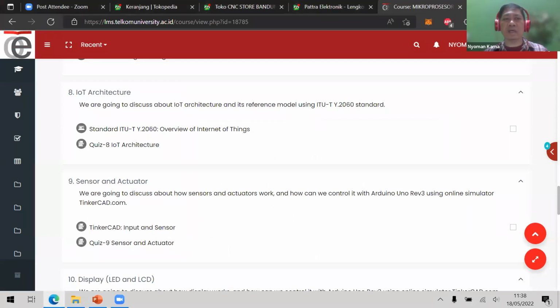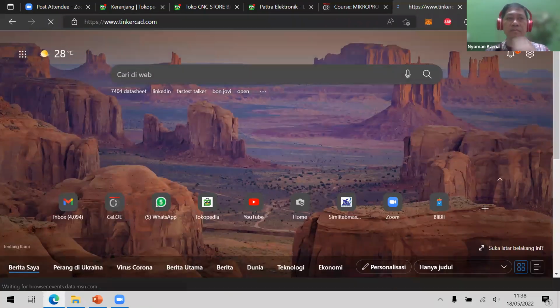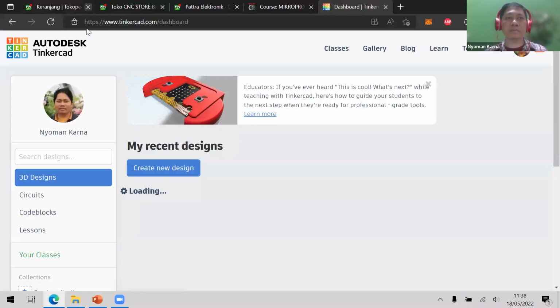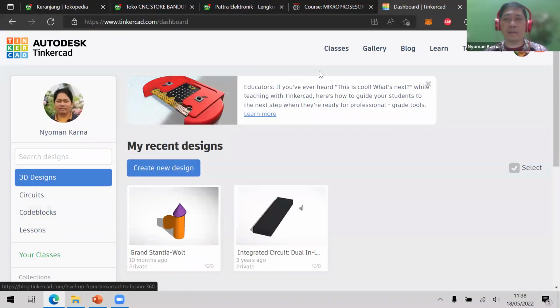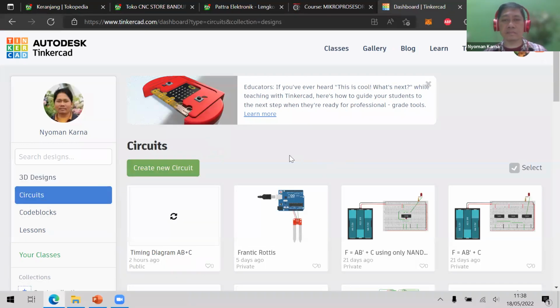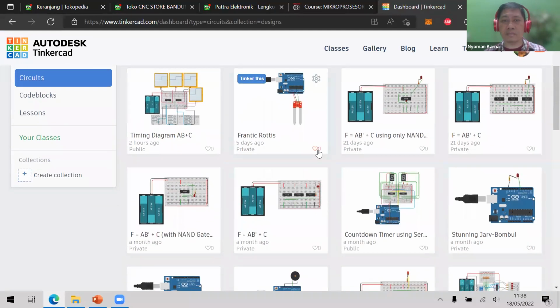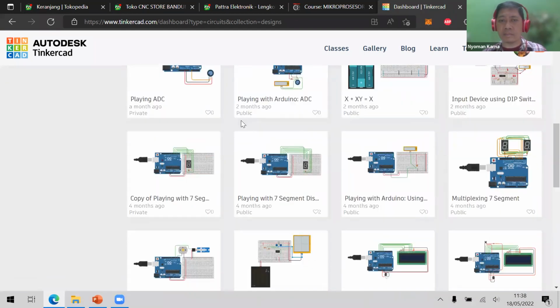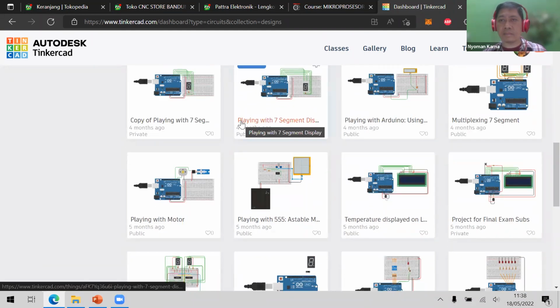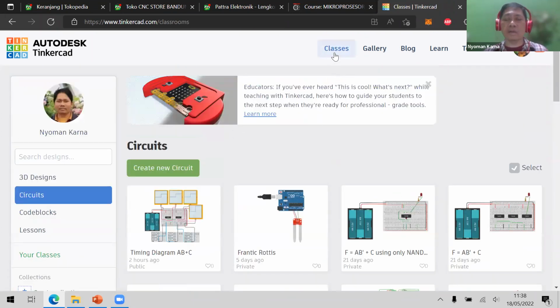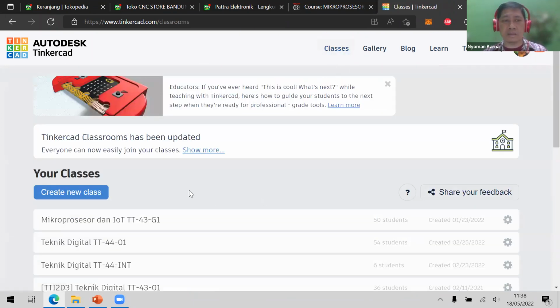Let's open our Tinkercad. Let's just try to build it from zero.